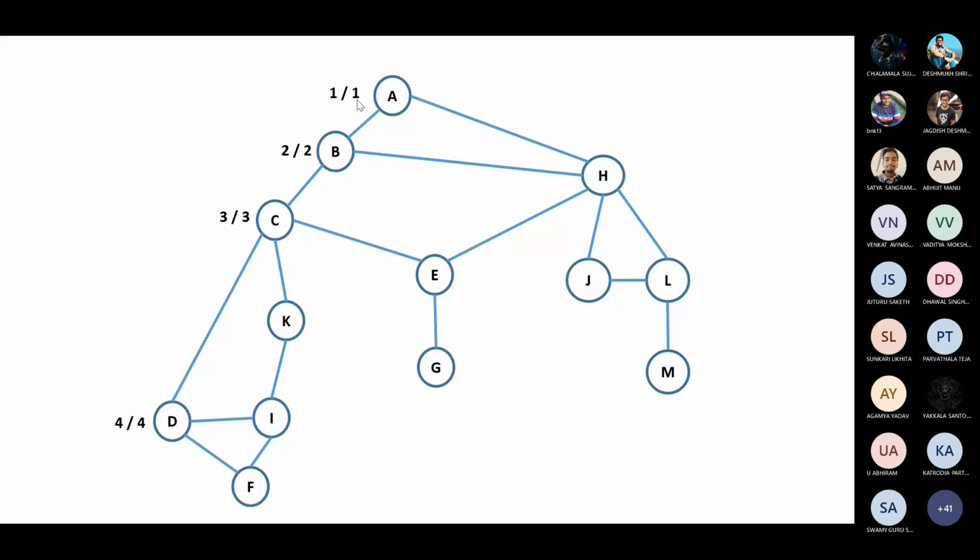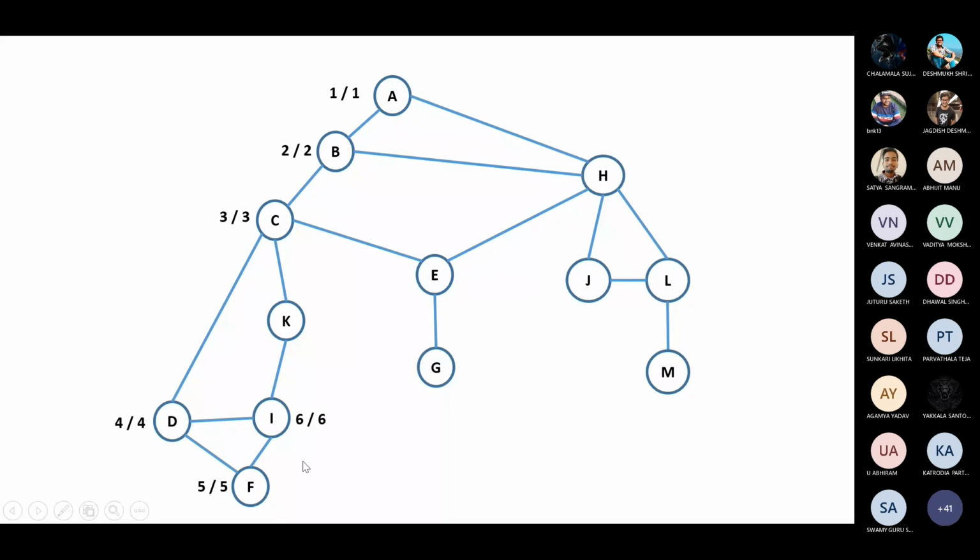Now there are two possibilities. From I it may go to K or it may go to D. If it goes to K, then it will be 7, 7. But if it goes to D, in that case it shows that D is already visited. So ID is a back edge, right?